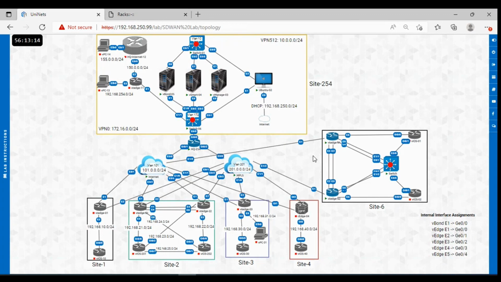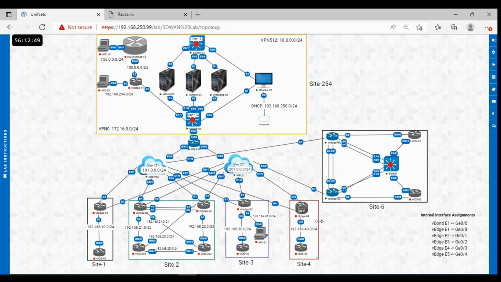This TLOC extension is a very important concept because many organizations generally avoid having four internet links in their environment. They just have two internet links. But using those two internet links, or any other MPLS or any other ISP links, they have only two links and they are terminating on different routers.